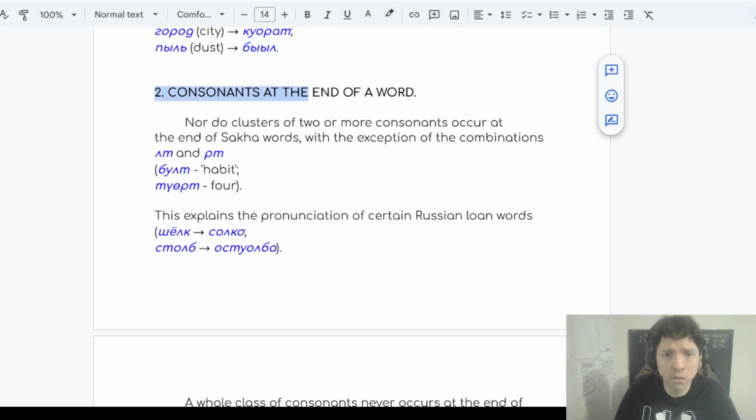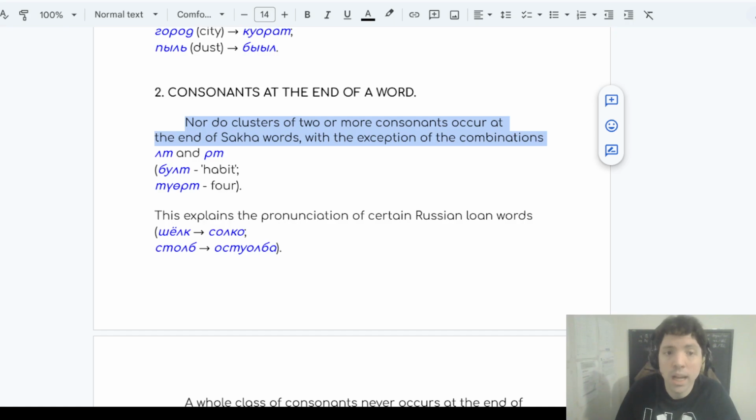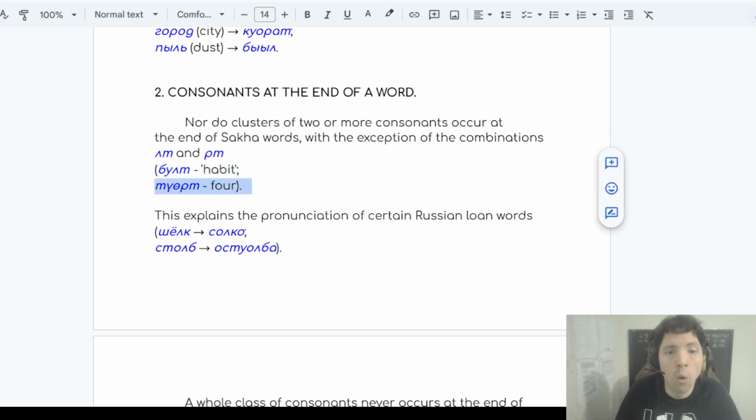Consonants at the end of a word. Nor do clusters of two or more consonants occur at the end of Sakha words, with the exception of the combinations lt and rt. Bolt, habit, turt, four, are examples that do have two consonants together at the end.